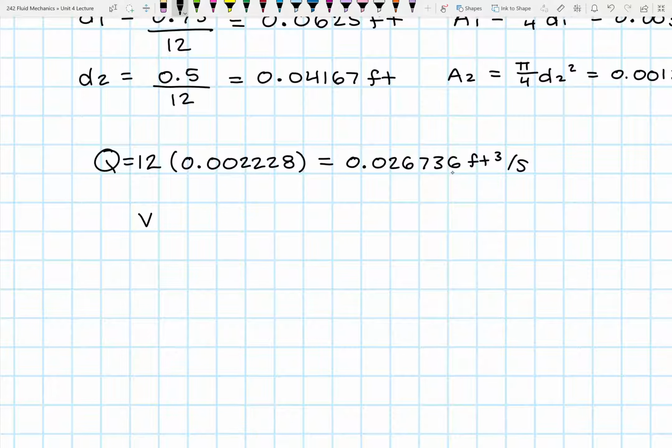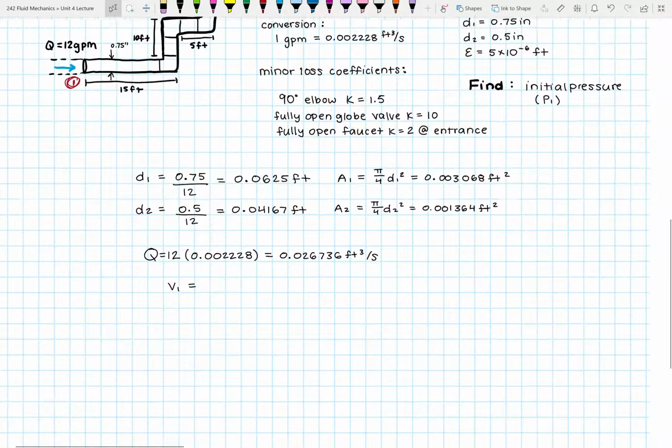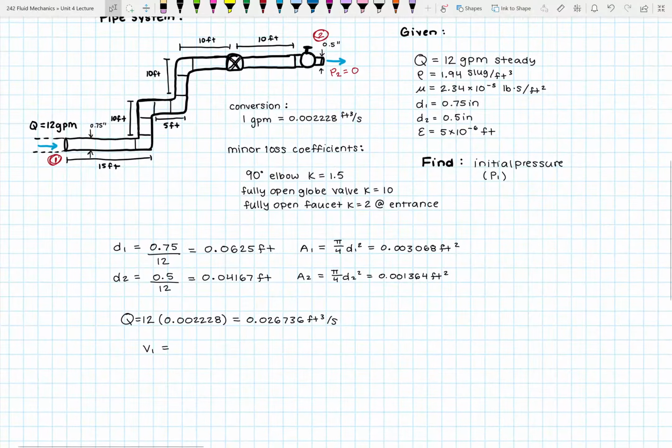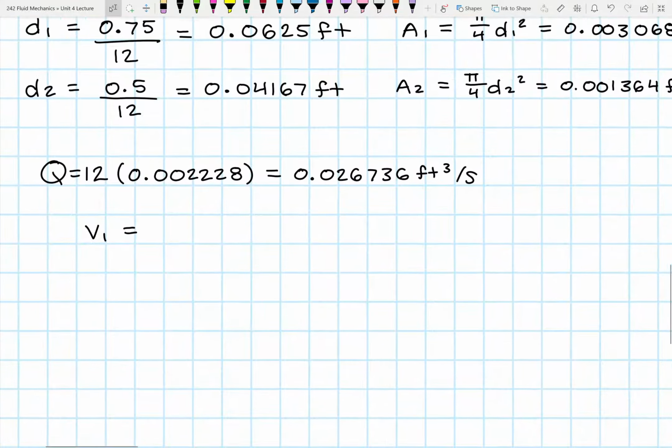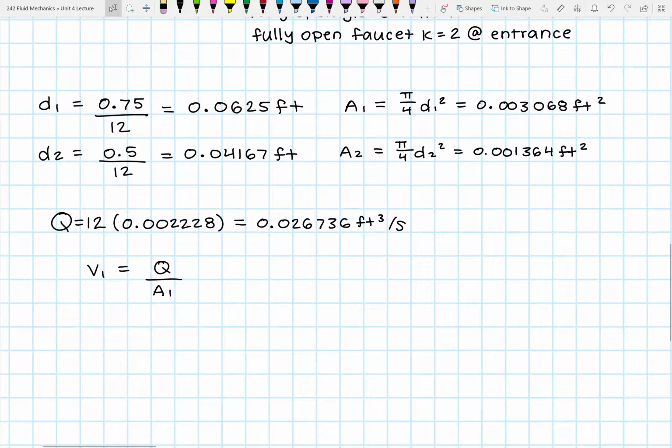So in order to get the velocity of the 0.75 inch diameter section of pipe, or basically almost all of the pipe that we're concerned with, we'll go ahead and take our Q and divide it by the cross-sectional area of that section of pipe.